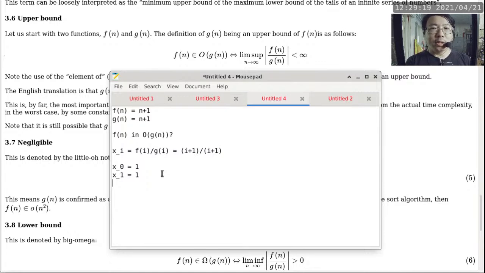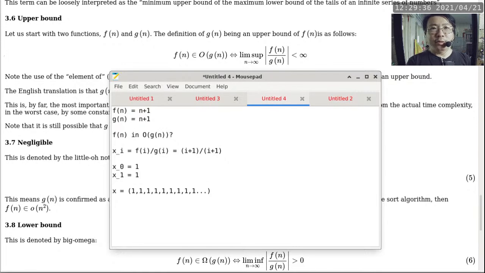Okay, all right. So what about the limit superior? Let's plug this in, right? The sequence x is really just 1, 1, 1, 1, 1, 1, 1, 1, 1, 1, 1 all the way. They're all ones.